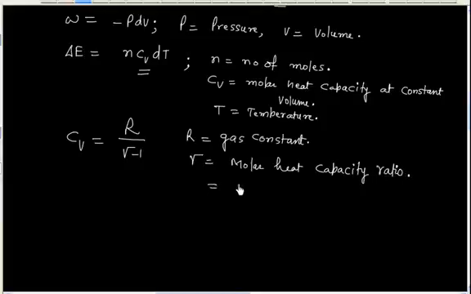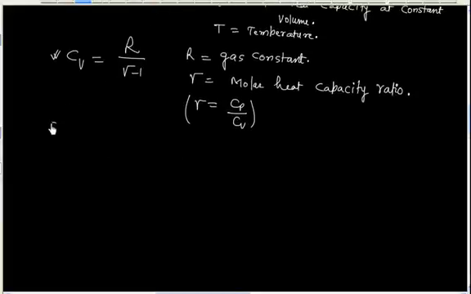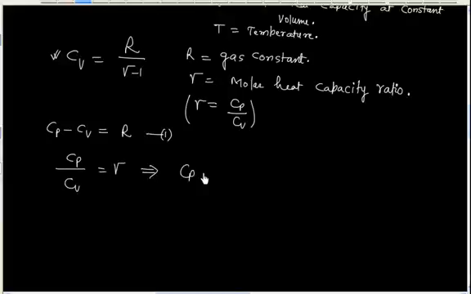So gamma is simply Cp by Cv. This expression, Cv equals R by gamma minus 1, can easily be proved. We know Cp minus Cv equals R, and we also know Cp by Cv equals gamma, that is, Cp equals gamma Cv.